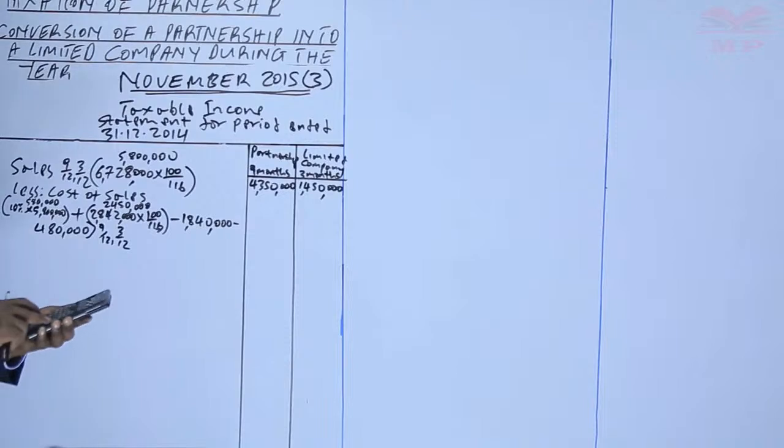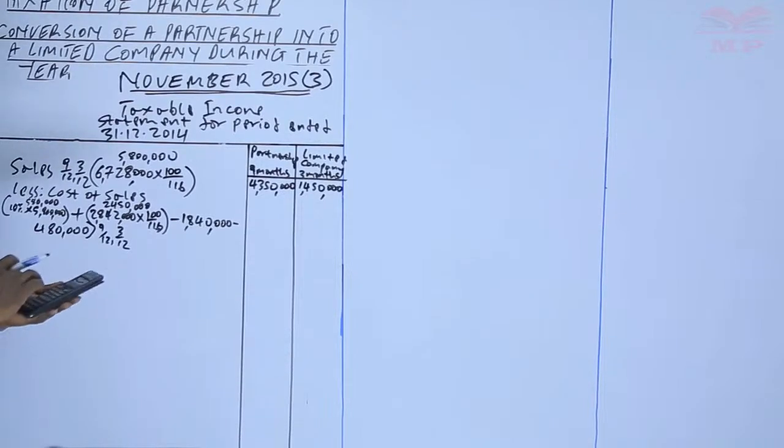So we are going to have the 580,000 plus 2450,000 and then minus 1840,000 and then we minus 480,000. That gives us 710.